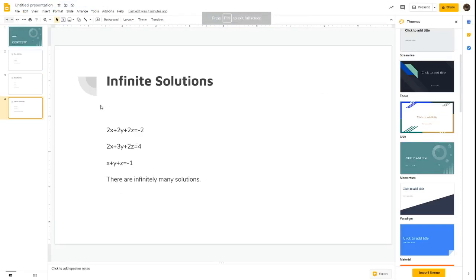So the question: 2x plus 2y plus 2z equals negative 2, 2x plus 3y plus 2z equals 4, and x plus y plus z equals negative 1. And then there are infinitely many solutions. So when you're looking at infinitely many solutions, you can either have infinitely many solutions where all 3 match on a line, or where all 3 match on a plane.